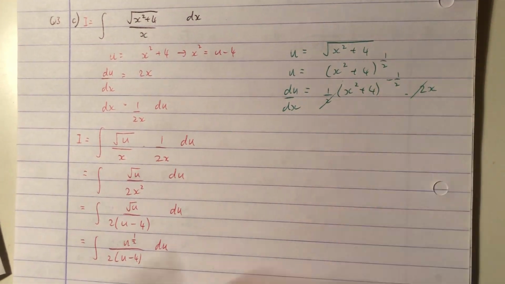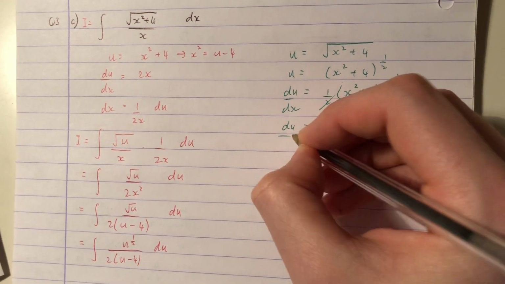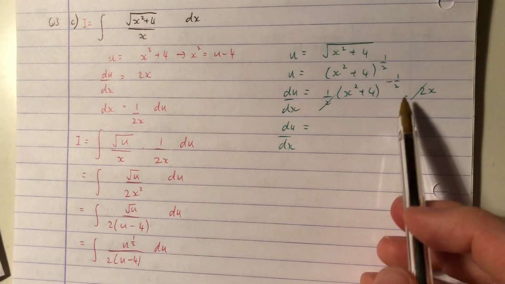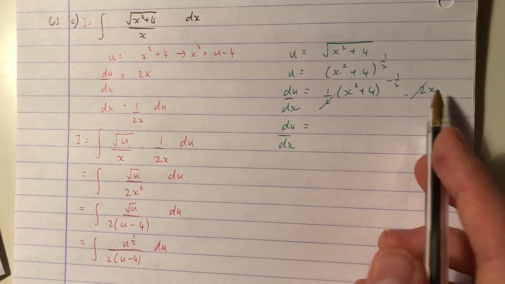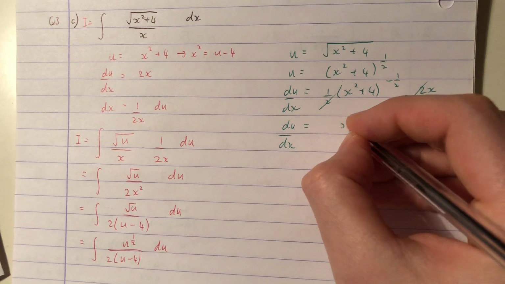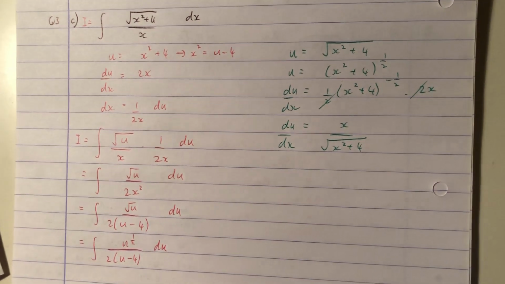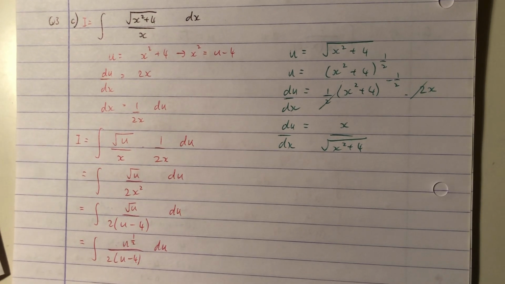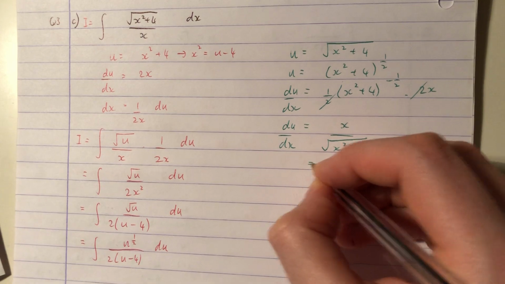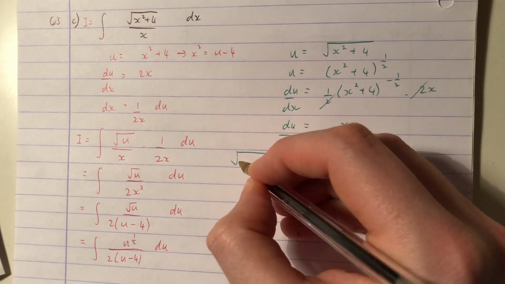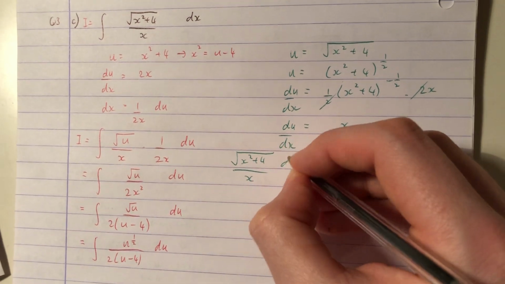And that instantly simplifies. So du over dx is x over root x squared plus 4, as they tend to prefer square roots. And then make dx the subject. So if you made dx the subject, you would get root x squared plus 4 over x du.